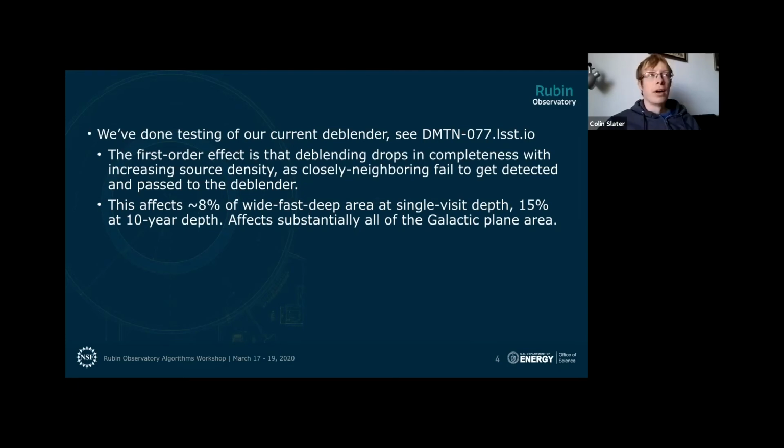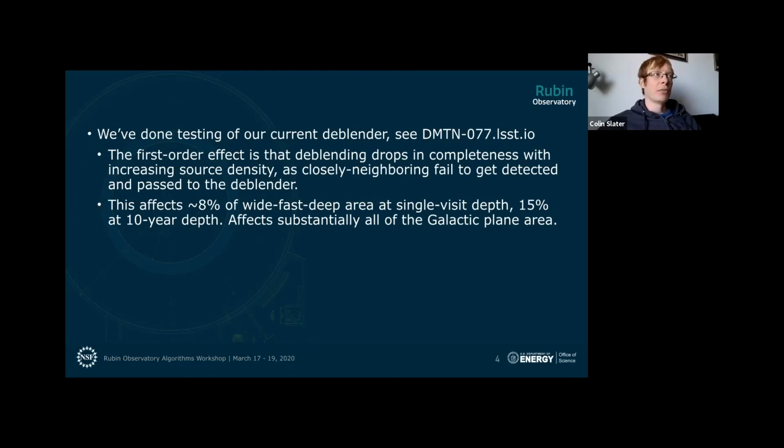First order, the predominant issue is that we start to lose completeness in the catalogs as we go towards increasing source density. Our ability to detect closely neighboring stars starts to break down, and we miss lots of detections that we could be measuring. This isn't purely a core of the bulge issue.